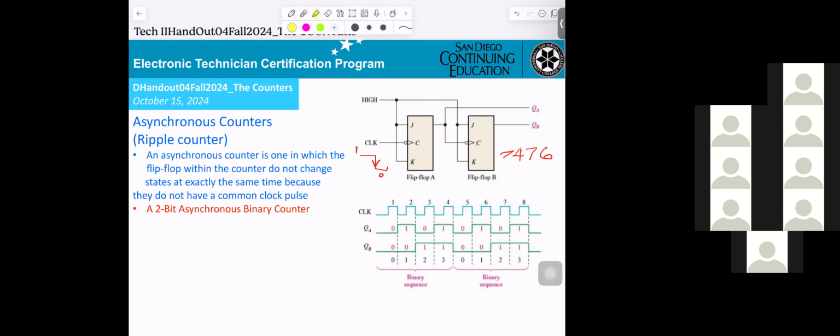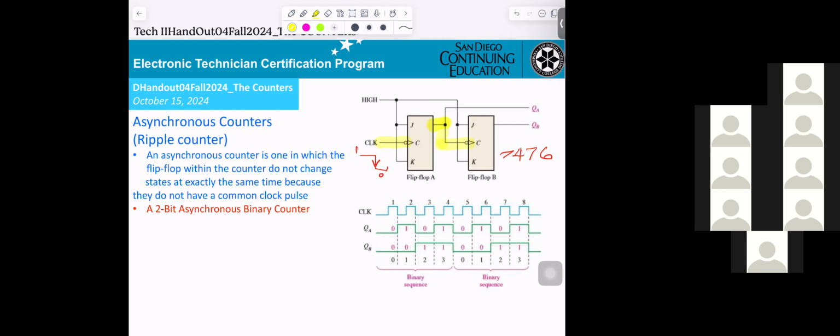You see the clock here. It goes to the first one. However, at the next one, the clock is not coming in. The clock will come from output Q of the first one and go to the clock of the second one.